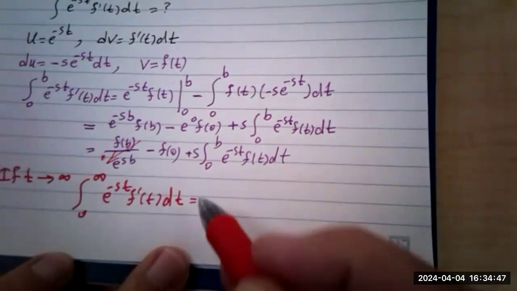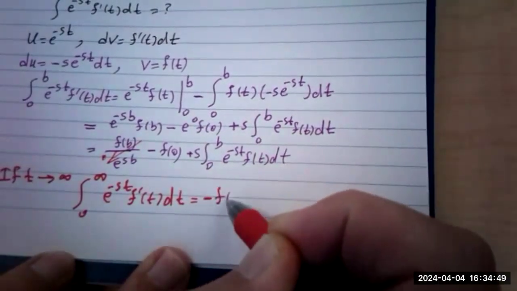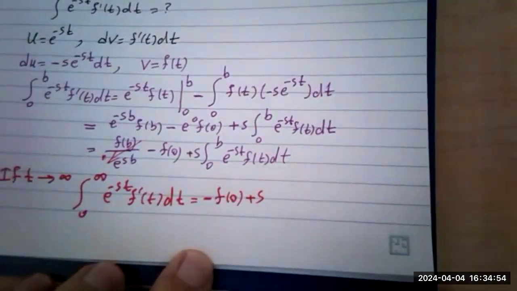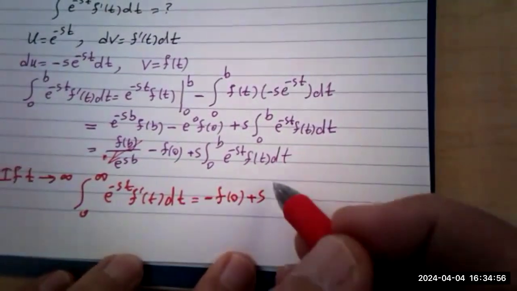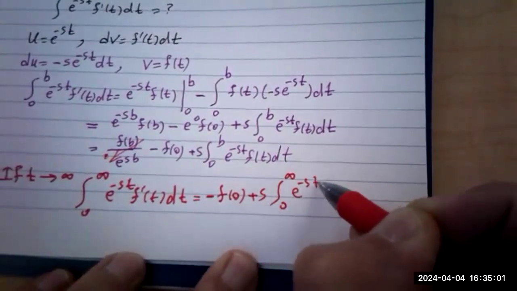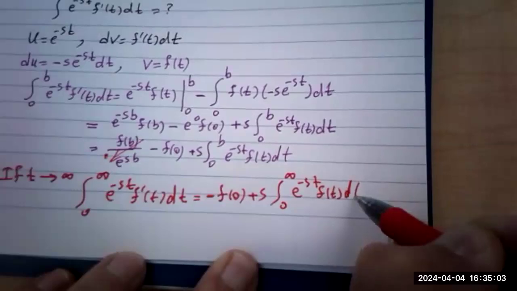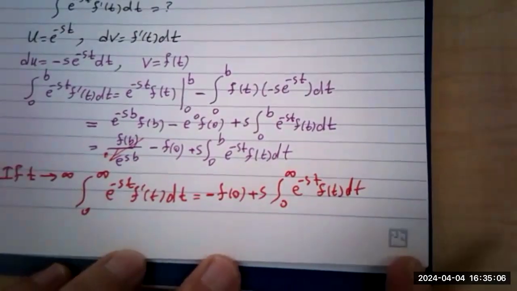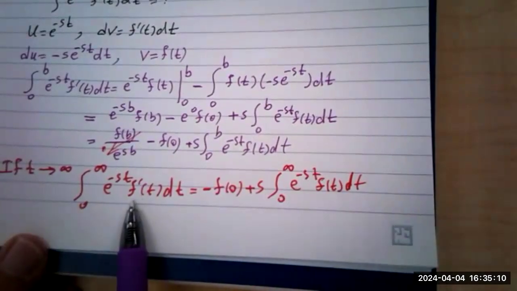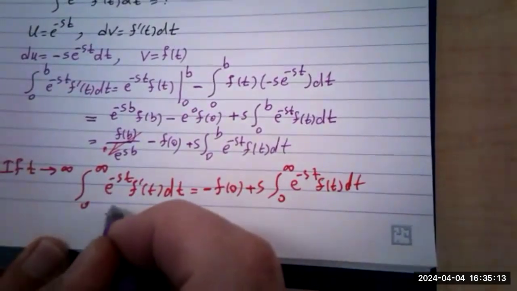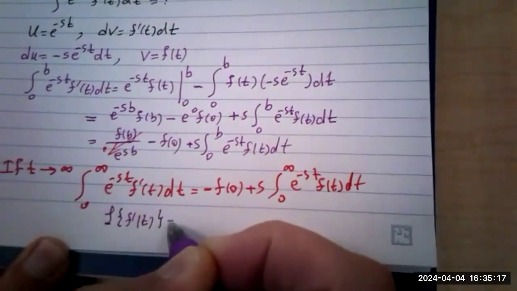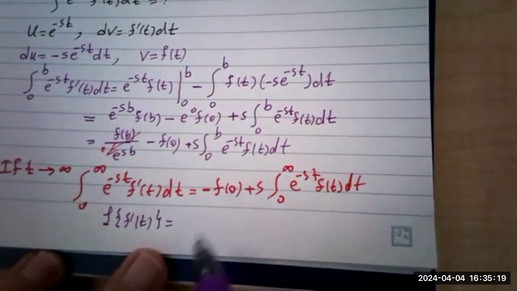So the leftover would be what? The leftover would be negative f of 0 plus s times this integral. When you let b go to infinity, that gives you the integral from 0 to infinity of e to the negative st f(t) dt. That's it. In the language of Laplace transform, this is going to be the Laplace of f prime of t, which is equal to what?